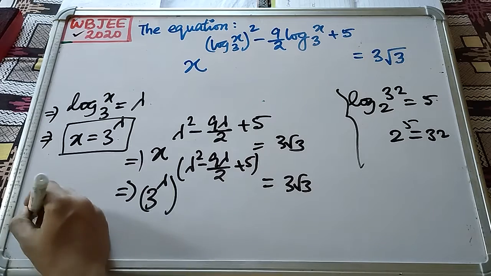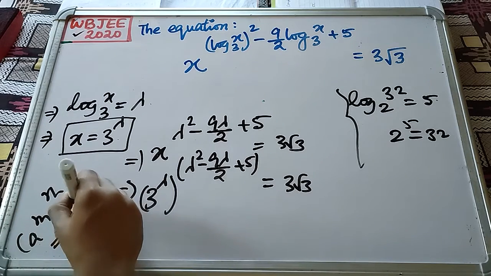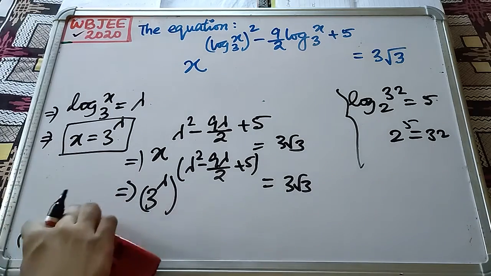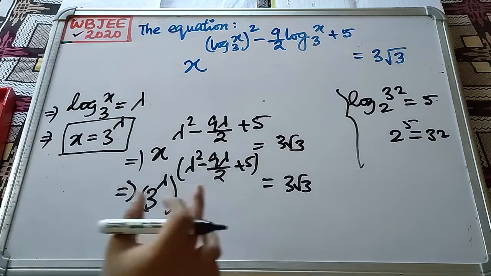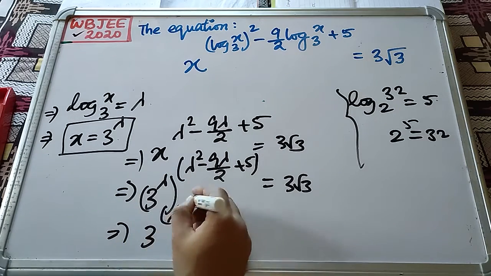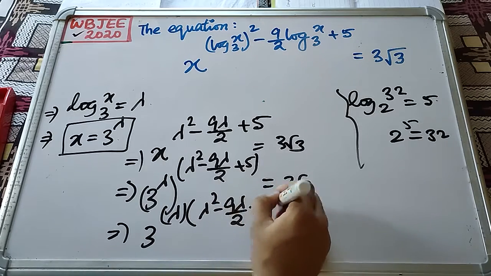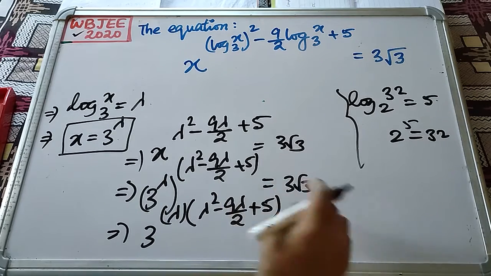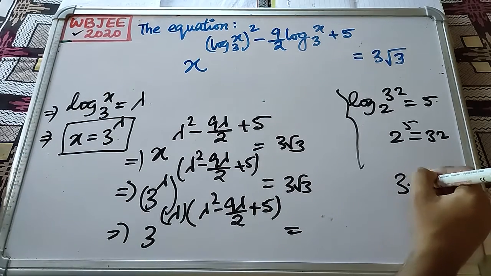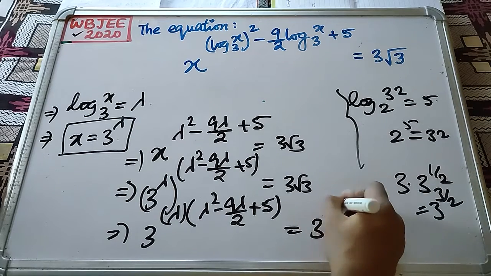Now we know that a power m, whole power n, becomes a power mn. So using this concept, this will become 3 power lambda into lambda squared minus 9 lambda by 2 plus 5 equals 3 root 3. What is actually 3 root 3? 3 root 3 is 3 into 3 power half. So this becomes 3 to the power 3 by 2.